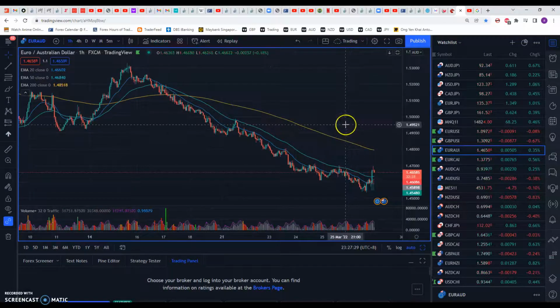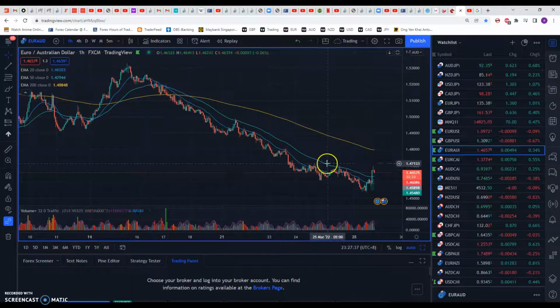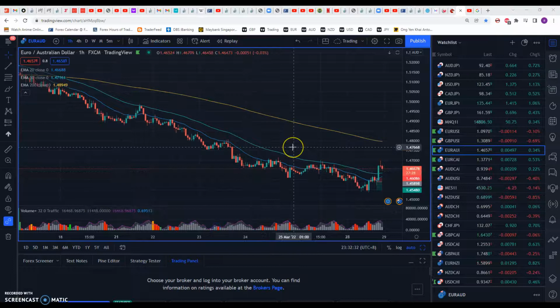The second mistake is probably that I didn't wait for any pullback, just FOMO, wanting to grab some sell in this strong downtrend. Yeah, so that's about it.